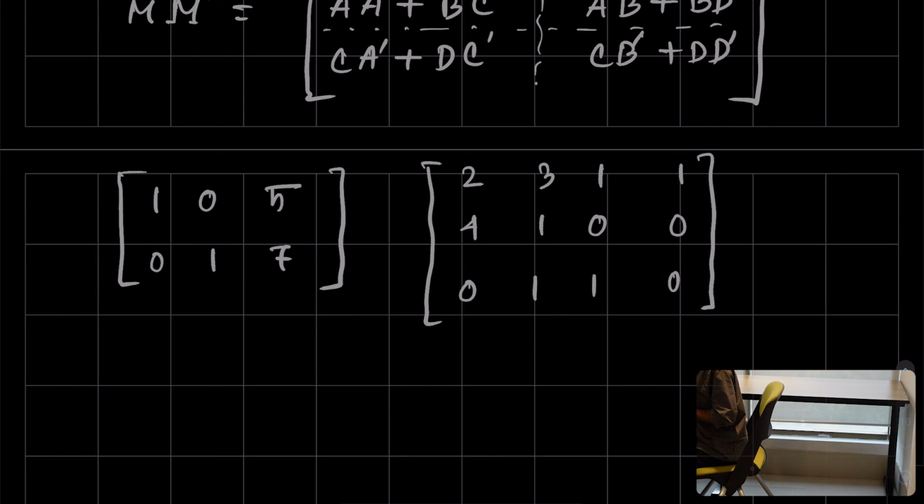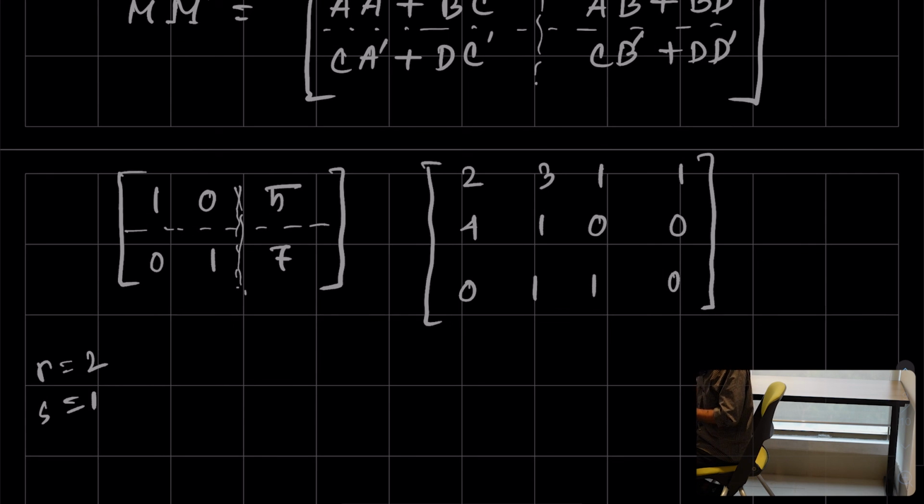So now, there are 3 columns in the first matrix, right? For R, let's set R equals 2 and S equals 1. Then the first matrix is decomposed in this way.